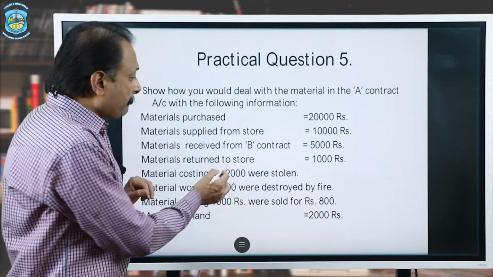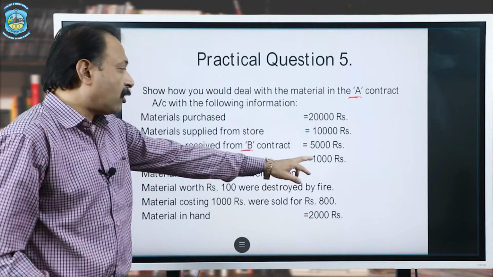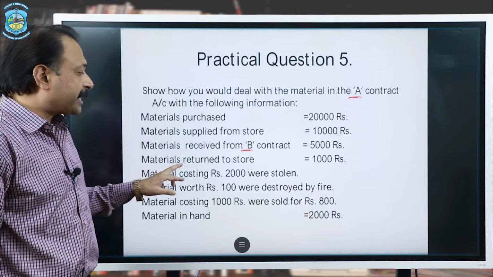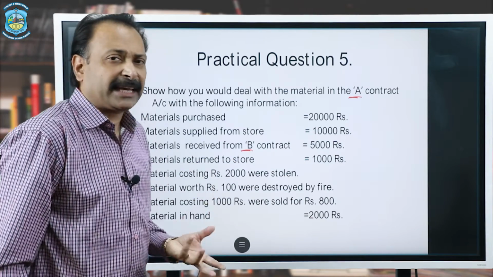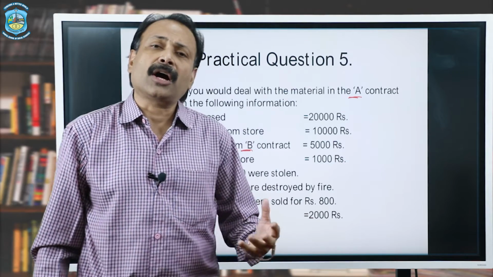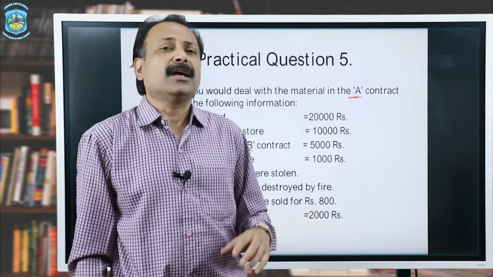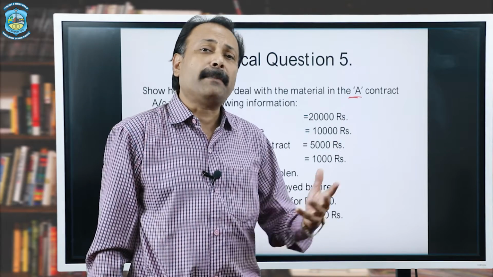That means from B contract material supplied to A contract, amount is 5,000 rupees. Material returned to store 1,000 rupees. Because in any case, might be the material is of low standard or not according to our specification, we are not satisfied with the quality of material, we return that material back to the supplier.